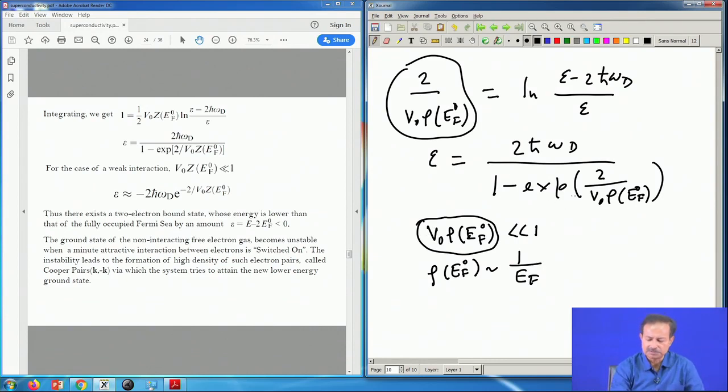So, you can keep only one part of the exponential.